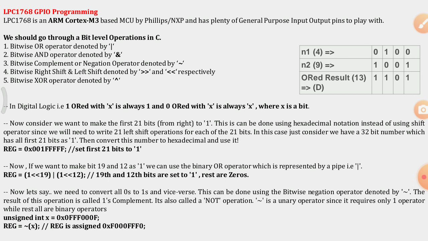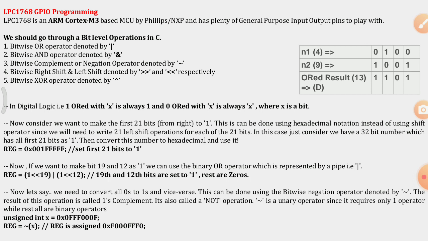In the example, register is equal to, in the bracket, 1 shifted left 19 times, where the 19th bit is 1, OR 1 shifted left 12 steps, that is the 12th bit is going to be 1. Both these two bits are ORed, and the result will be zeros except the 19th bit and 12th bit. That will be stored into the register.